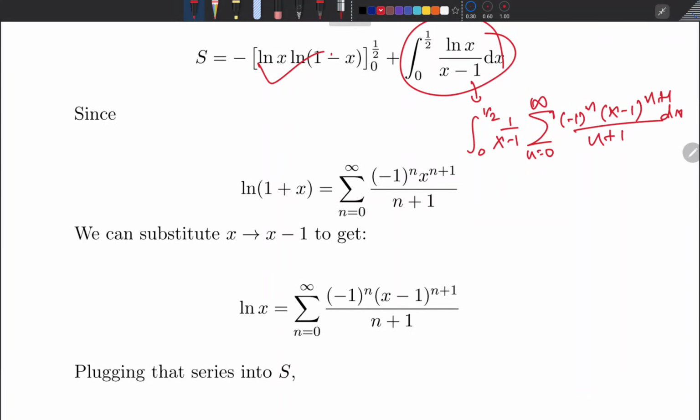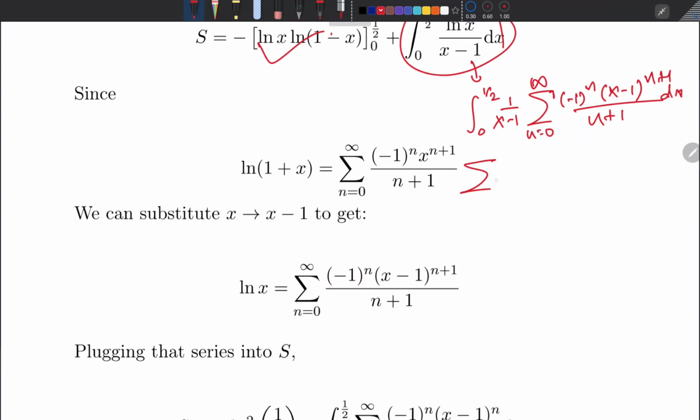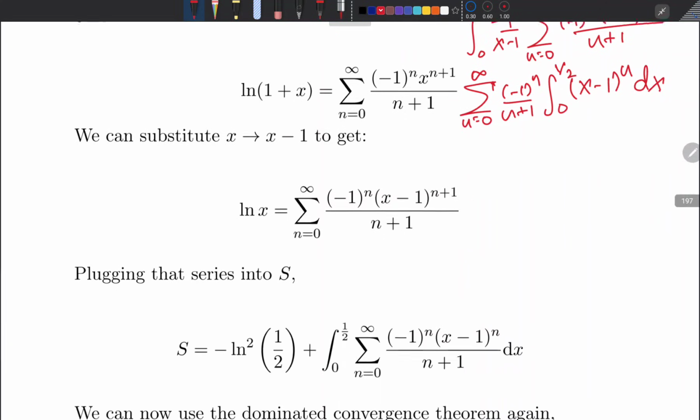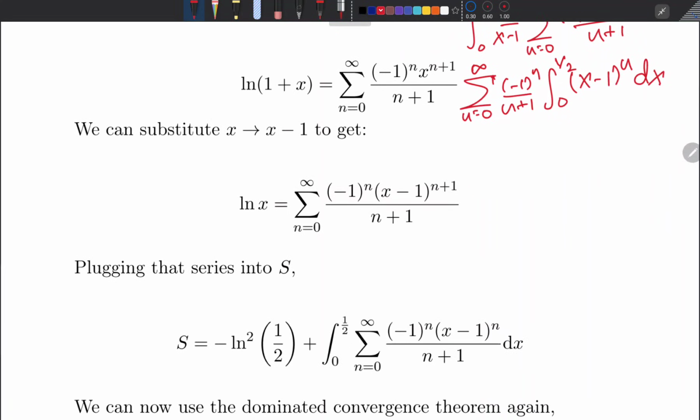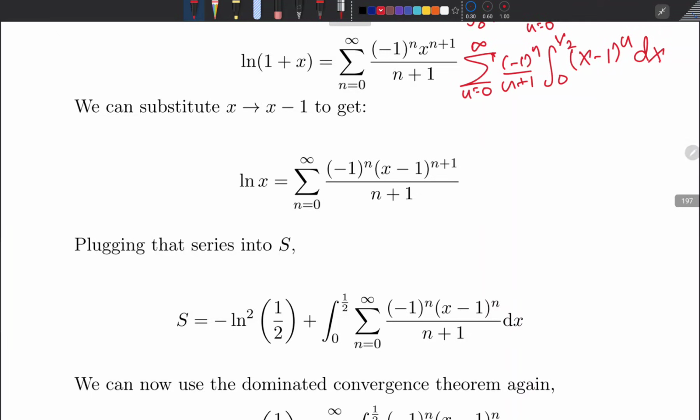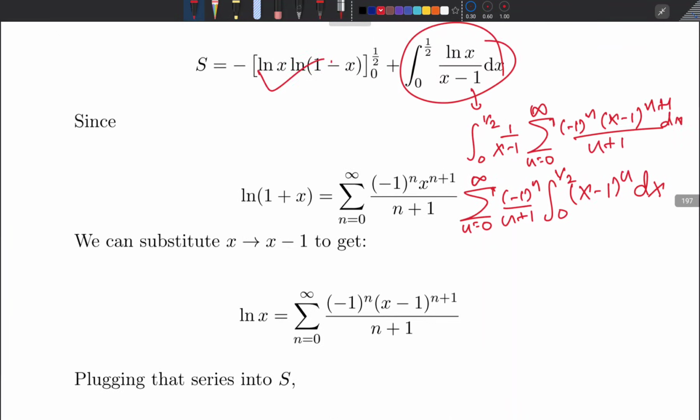And furthermore, we can just switch up the order of the integration and the summation sign, and that's going to give us (-1)^n/(n+1) times the integral from 0 to 1/2 of (x-1)^n dx, right? Okay, so far we have that much.